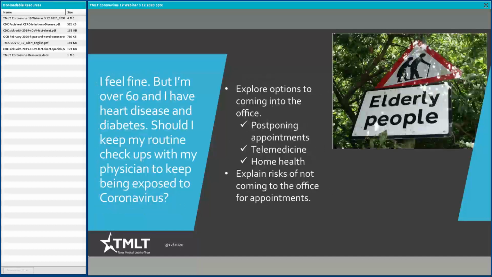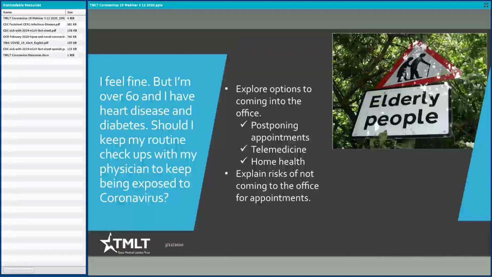But you also can be sure to tell your patients what you're doing from a telephone triage, deep cleaning and disinfecting on a routine basis. Are there other options to coming into the office with a newborn, such as telemedicine or home health care? And be sure to include what the risks of not coming into the office for an appointment might include.